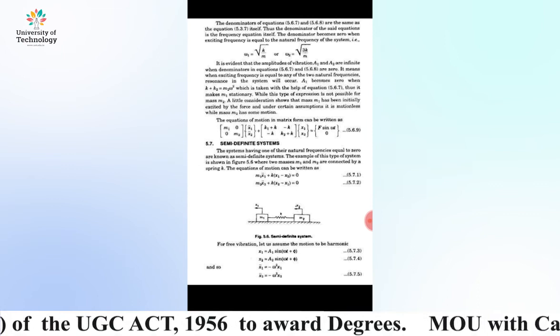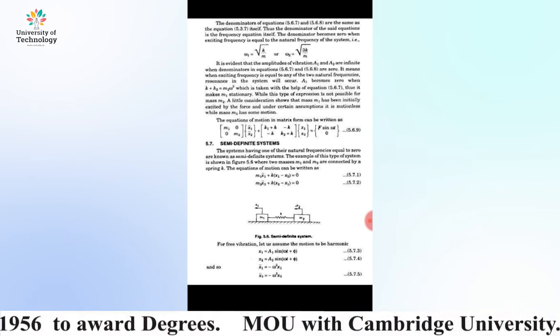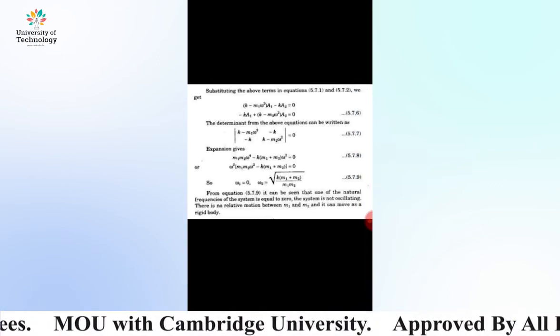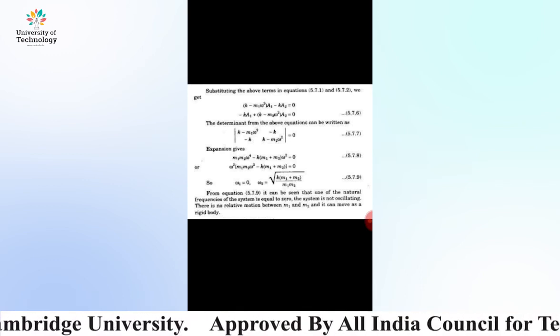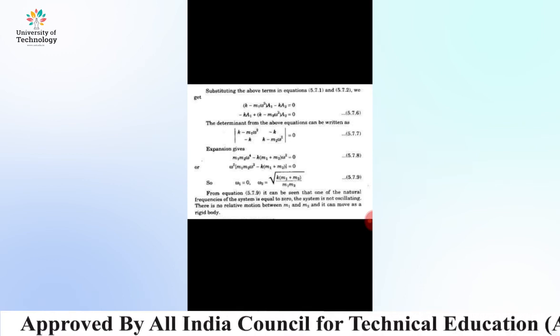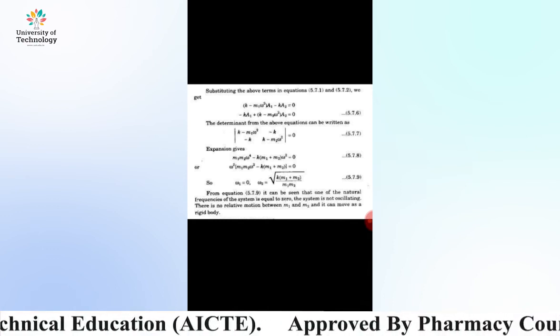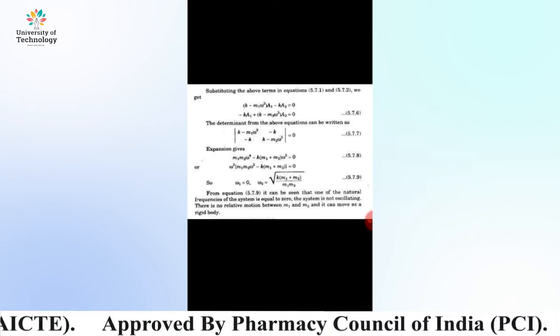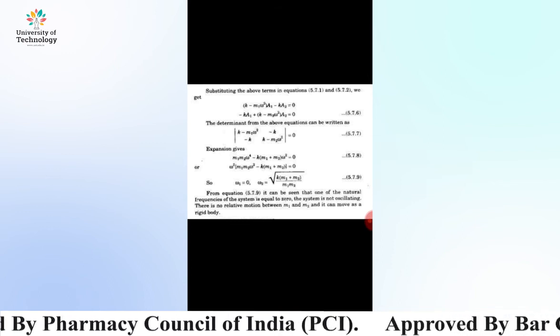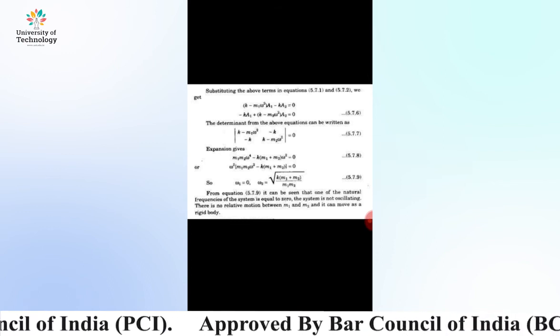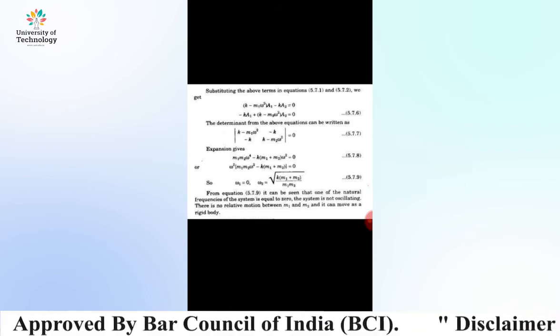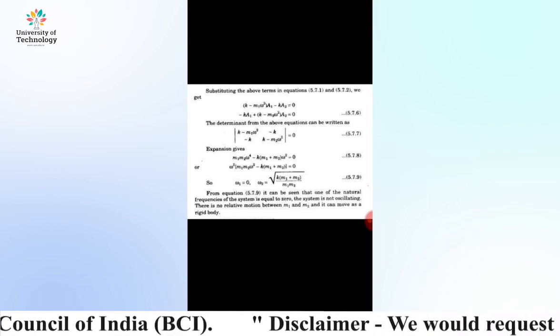These values we put in equations 5.7.1 and 5.7.2. Then we get (k minus m1 omega square) a1 minus k a2 is equal to 0, and second, minus k a1 plus (k minus m2 omega square) a2 is equal to 0.